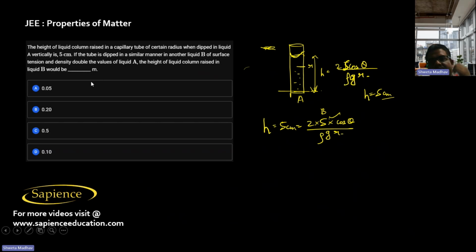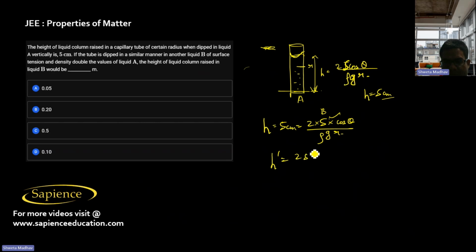What height is raised in liquid B? So S is also being doubled and density is doubled.